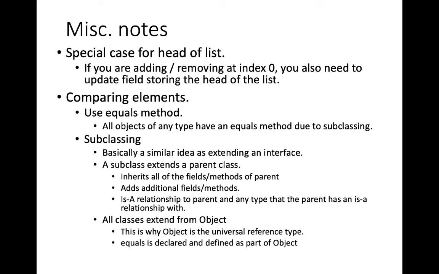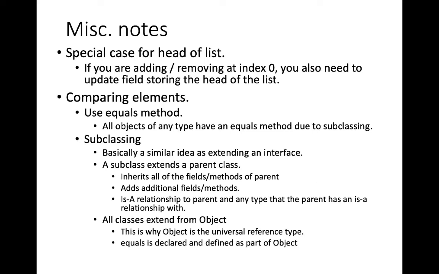And these can chain, right? I can have a class, and then a subclass of that, and then a subclass of that, and a subclass of that, and that last subclass has an is-a relationship with all of the classes along that chain of ancestry, right?